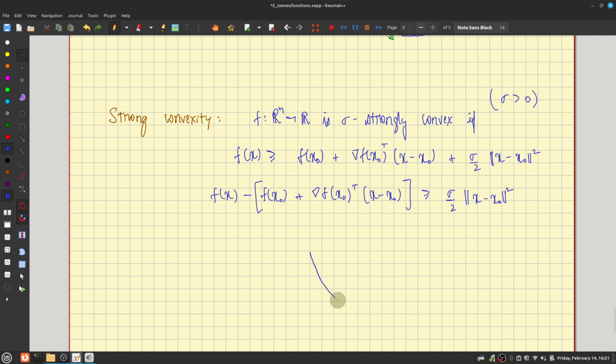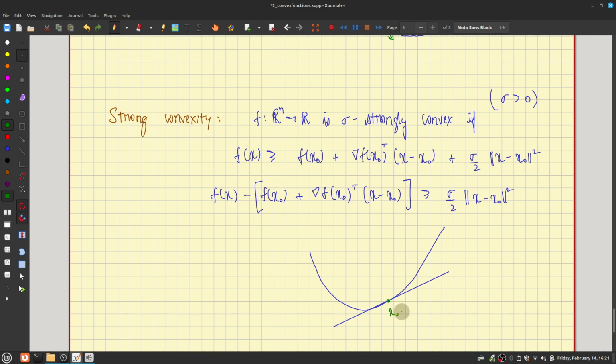So let's suppose that I have some function that looks like this, and take the tangent to this particular function at some point.